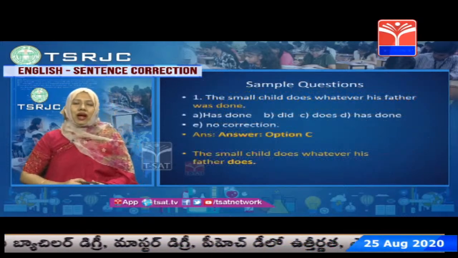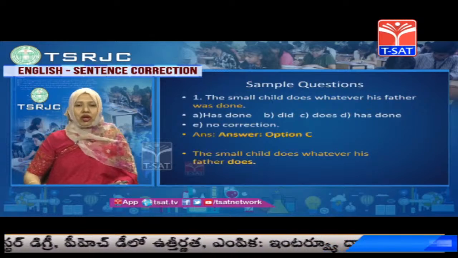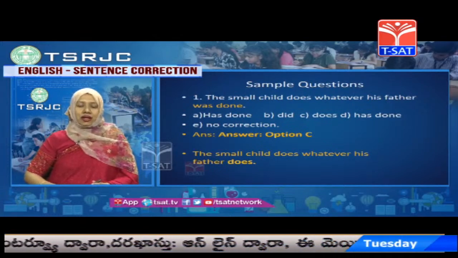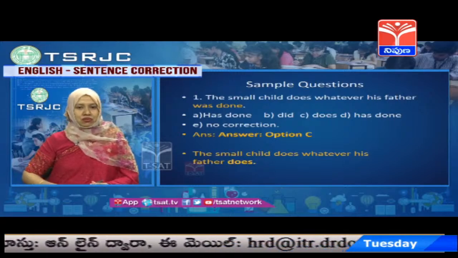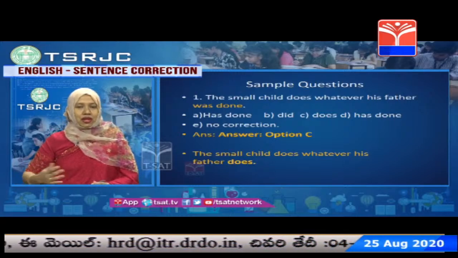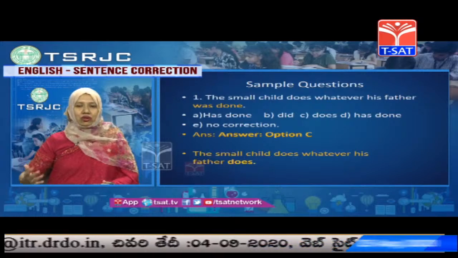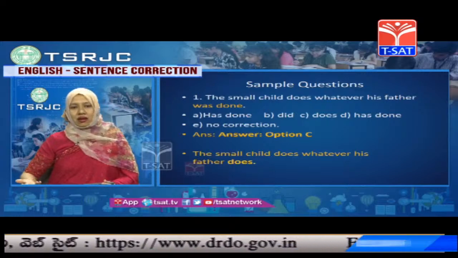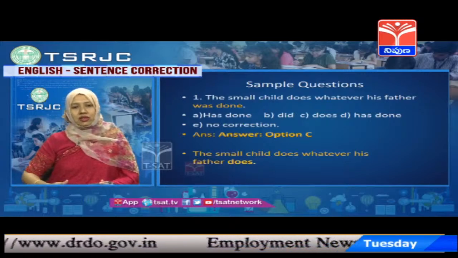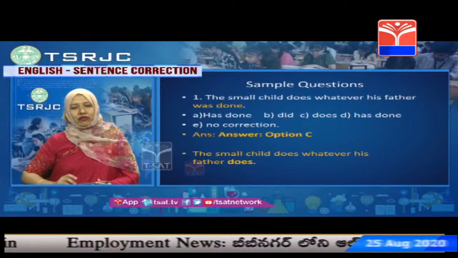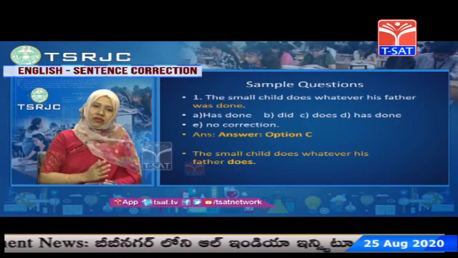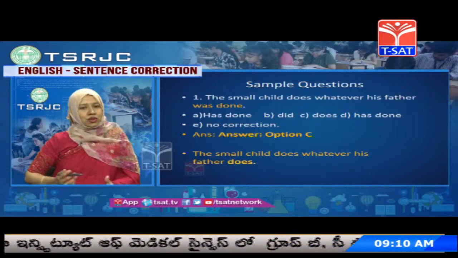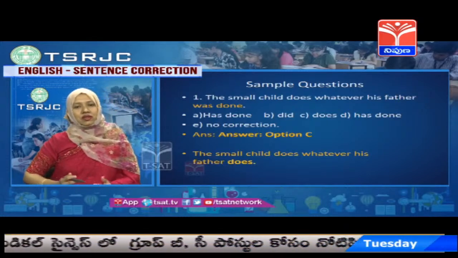Now let us see what kind of sample questions can come in your exam and how you can correct the sentences. If you get sentence correction questions from this area, how will you try to correct the sentences? In MCQ type there will be 4 options and there will be chances of getting confused. So whatever we have revised in the previous episode, let us follow those rules and do these corrections.